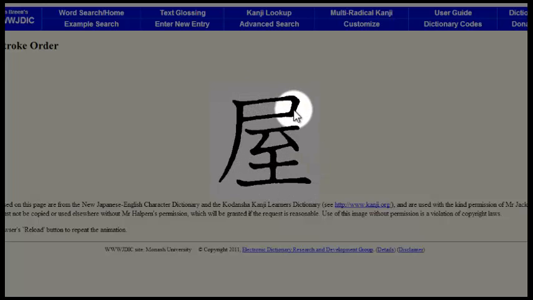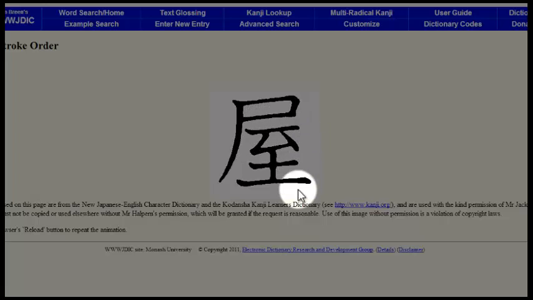Okay, the elements here, on the top is a kind of roof. You see it's quite a thick roof there. Then we've got this shape here. It looks like an ichi, with the katakana mu underneath it, doesn't it? In fact, it's a picture of an arrow going down, and this you can easily identify as the ground.